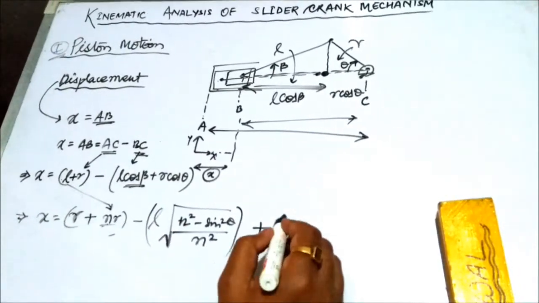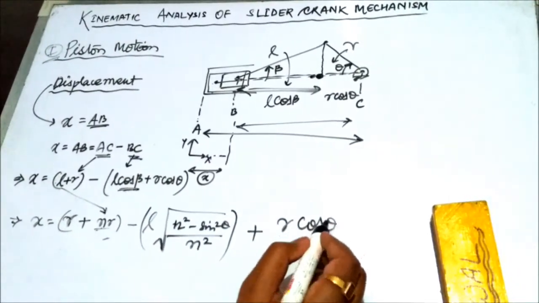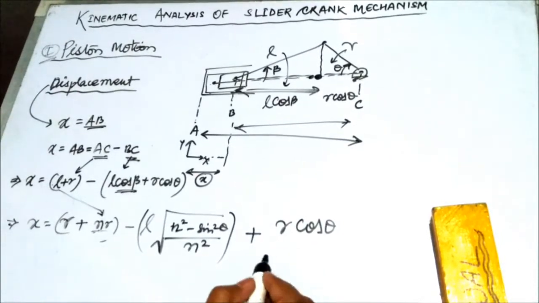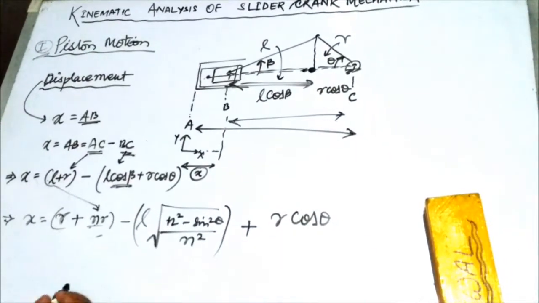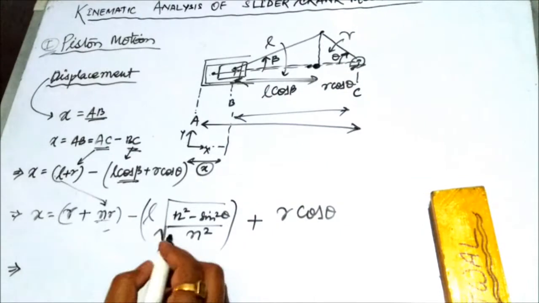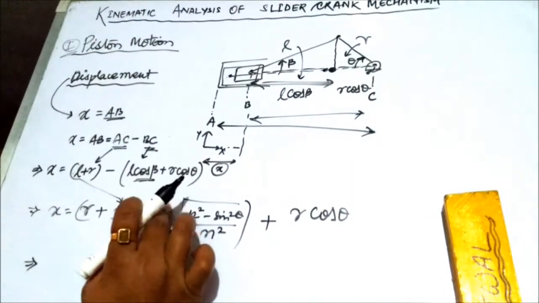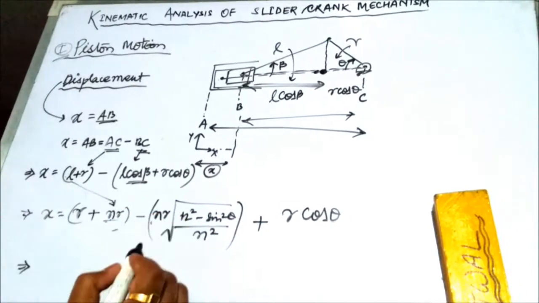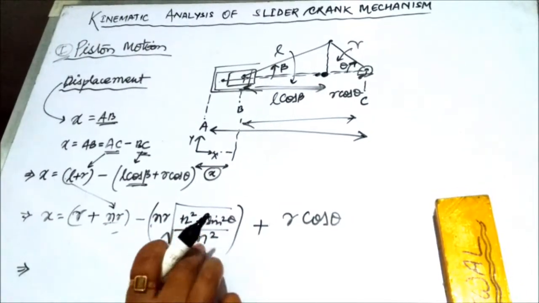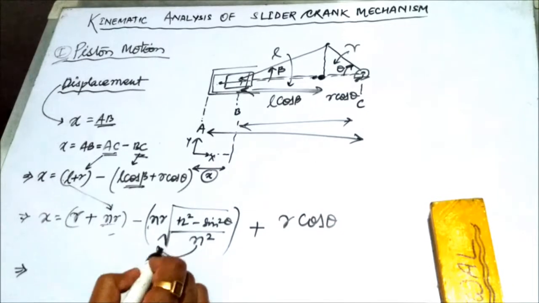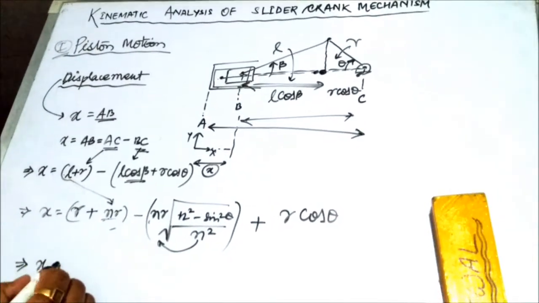Okay. Now simplify this. So we will get x is equal to, now take L as nR. Okay, change it to nR, obliquity ratio. Now when we take the n out from the root, n square will become n, and n will be cancelled out.